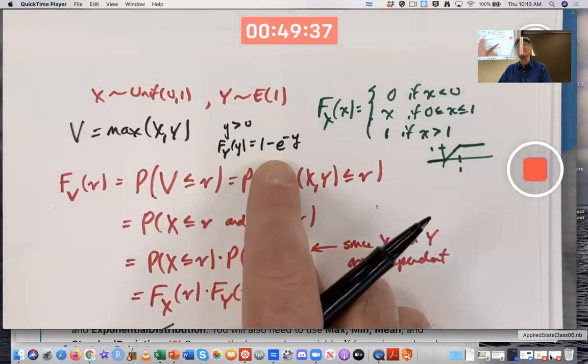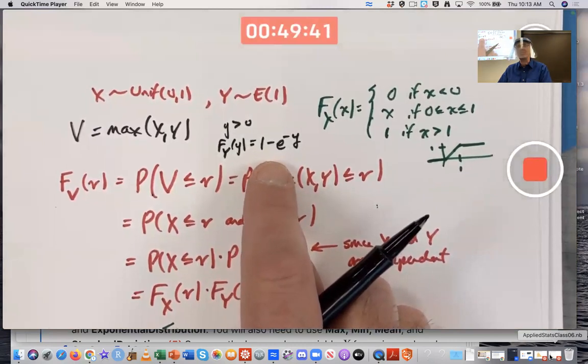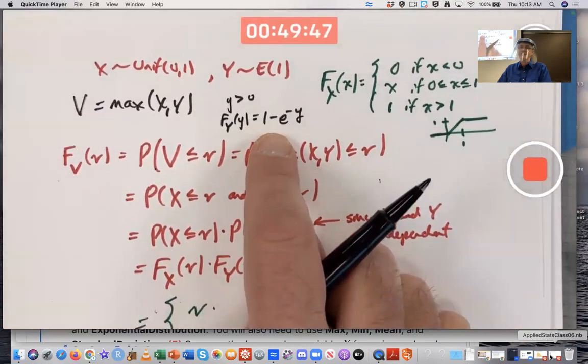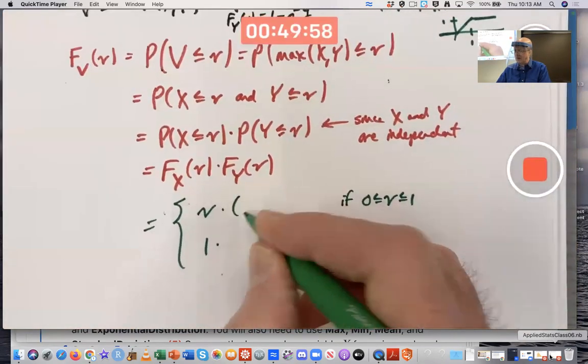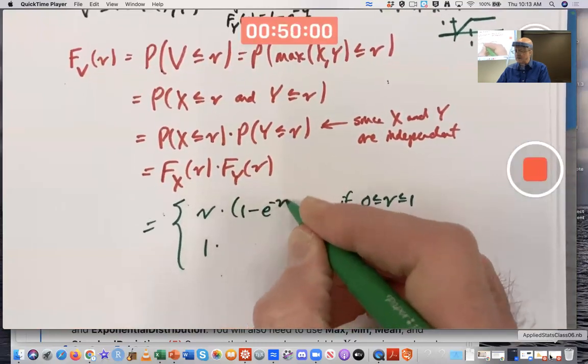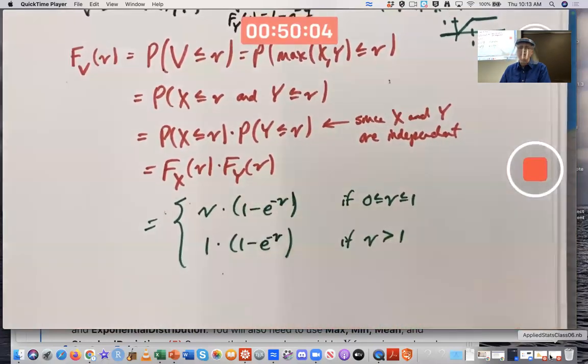It's got to be this one, which has a limit of 1 as y goes to infinity, and a limiting value of 0 as y approaches 0. And that stays the same, but use a v instead of a y. It's the same in both cases.